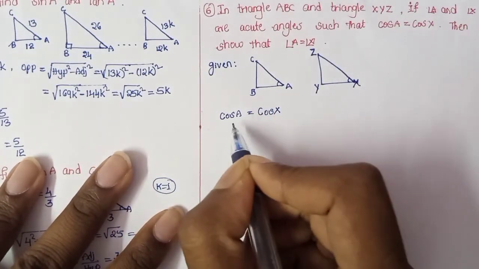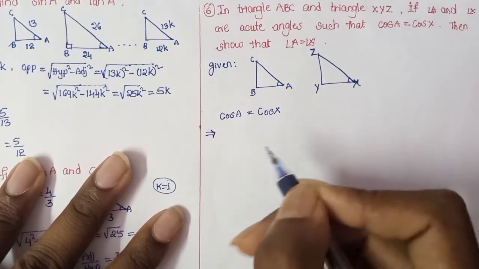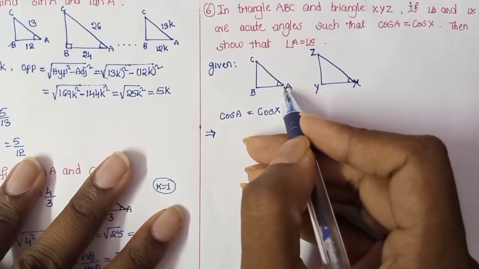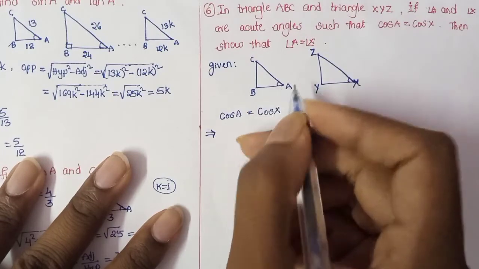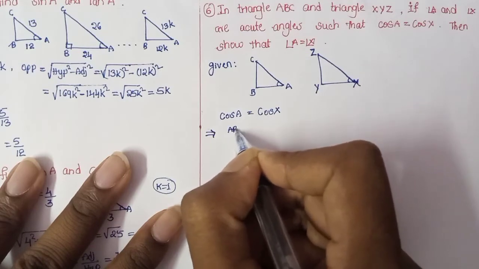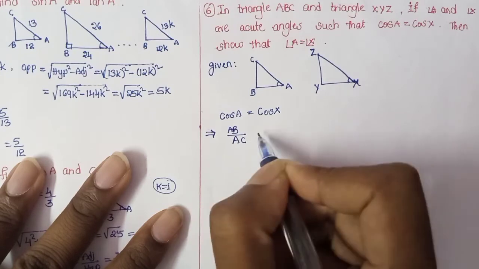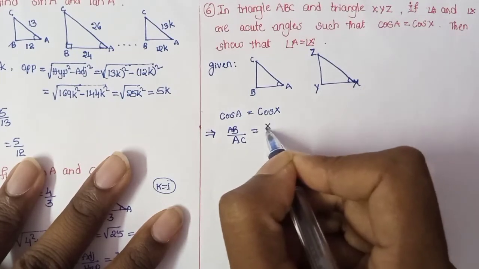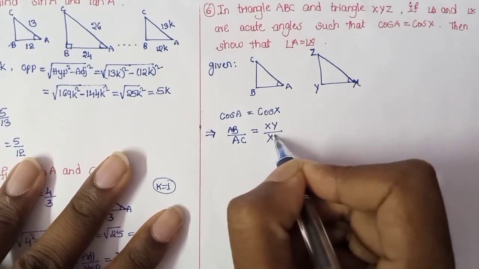So this is cos A is equal to cos X. We have discussed the definition of cos. Cos means adjacent side to the hypotenuse. So here, in triangle ABC, the adjacent side to the angle A is AB divided by hypotenuse AC, which is equal to cos X, that is XY divided by hypotenuse XZ.